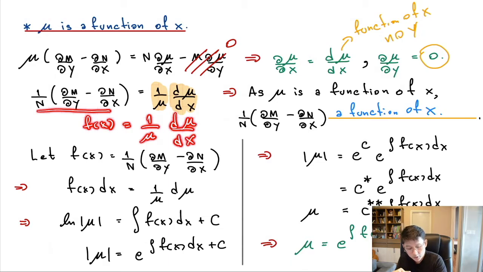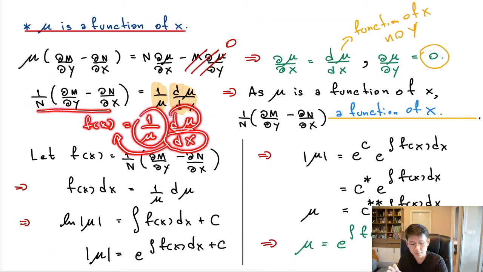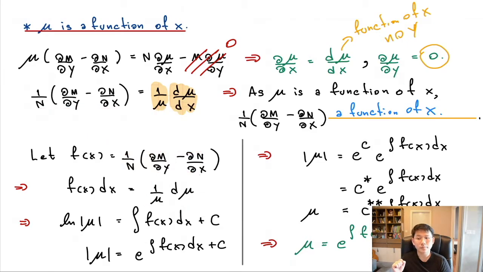So it seems like you can move the x over there, so you have fx dx equals 1 over mu d mu. It doesn't work that way. If you want to be precise, you would need to look at the differential form, but it's the same thing.